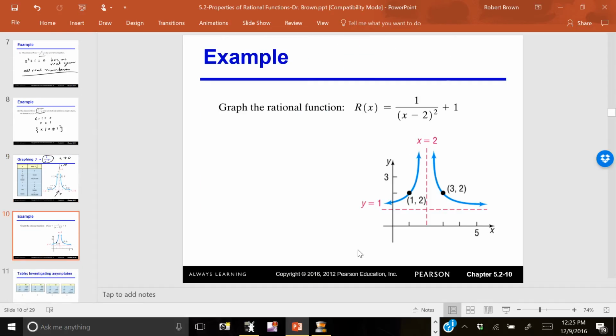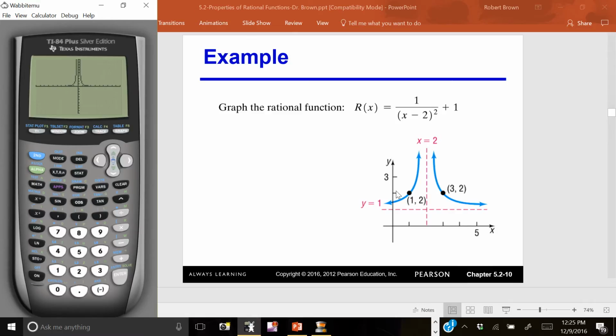Now let's graph the function 1 plus 1 over x minus 2 squared. And let's put this in our calculator, and we should get the same graph you're seeing here. I recommend that you graph all these yourself as we go along.